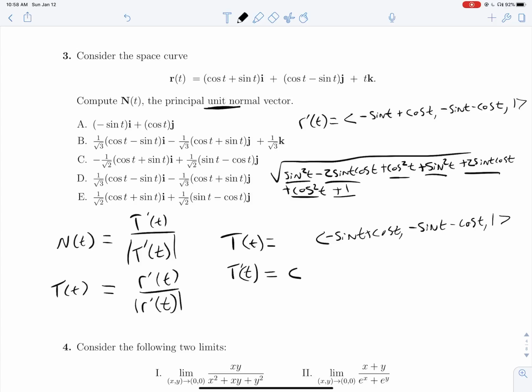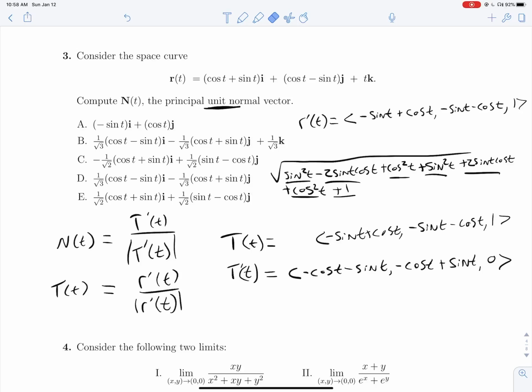So this derivative is going to give us negative cosine t minus sine t, negative cosine t plus sine t, and 0. And we can work everything out and see. You can almost see by just looking at it, we're going to get a cosine squared t, a sine squared t, a plus 2 cosine t sine t, and then over here we're going to get the same cosine squareds and sine squareds, but we're going to get minus 2 sine t cosine t.